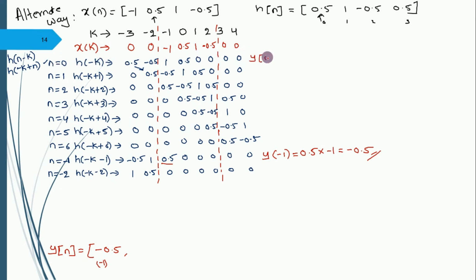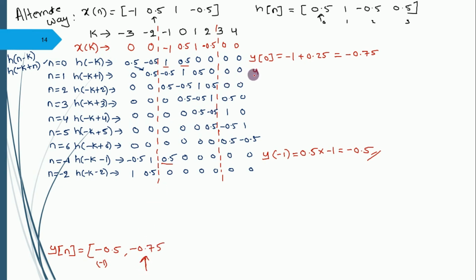Y of 0 will result in, so y of 0 has 1 here, 0.5 here, 1 into minus 1 is minus 1, 0.5 into 0.5 is plus 0.25, rest everywhere 0 it is. So it will result in minus 0.75. So that is what you need to write, minus 0.75 here. And this is at index 0, so I am marking it here.